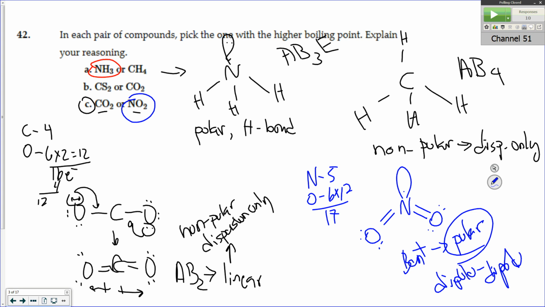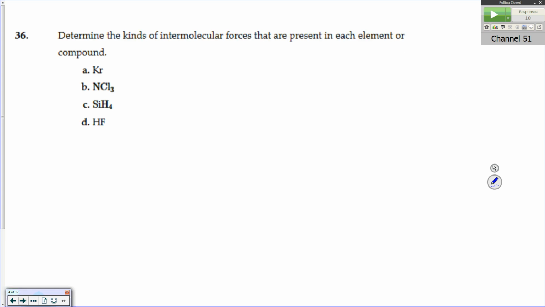Sometimes they're obvious. Sometimes you actually have to work through a Lewis structure to answer those things. So what are the types of intermolecular forces in each one? The simple ones are the things that are monoatomic. What type of intermolecular forces can happen with monoatomics? Only dispersion. So those guys are only dispersion forces.